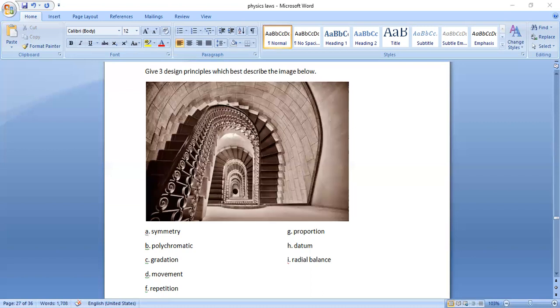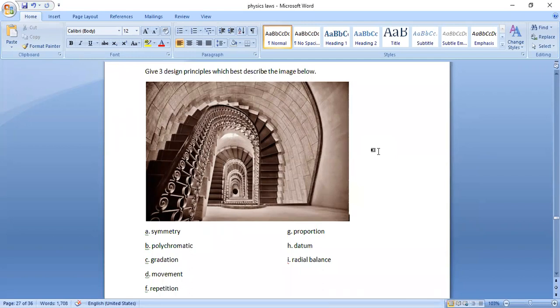Sense of movement. Okay. Is this symmetrical? No, ma'am. No, it's not. Polychromatic. Polychromatic means multicolored. Is it? No, ma'am. No, it's not.